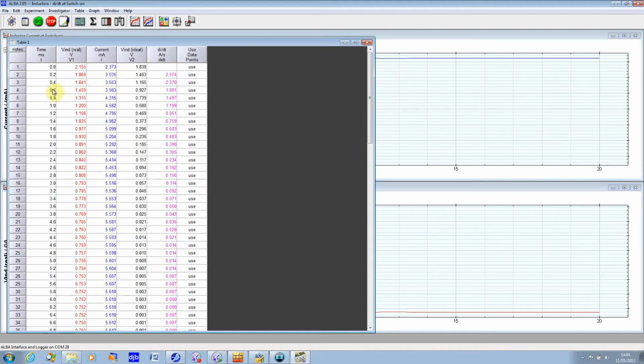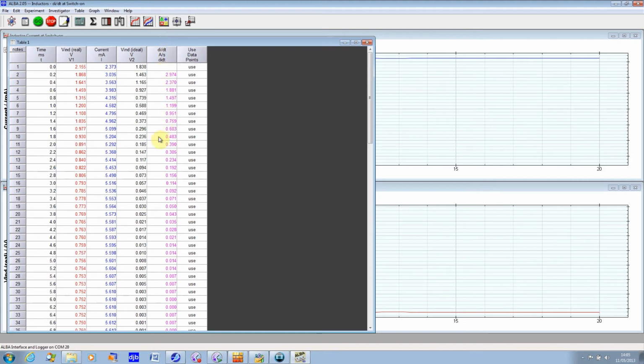If we take the time and the change in time, and the change in current values, we can get from that the change in current divided by the change in time. This has all been done for us behind the scenes in the software.